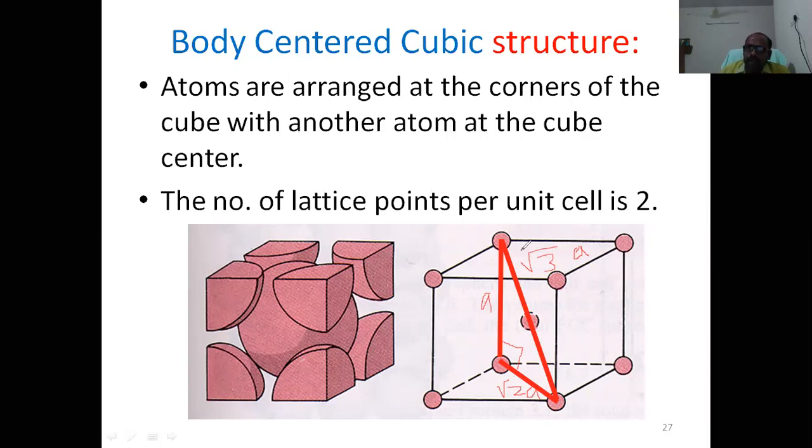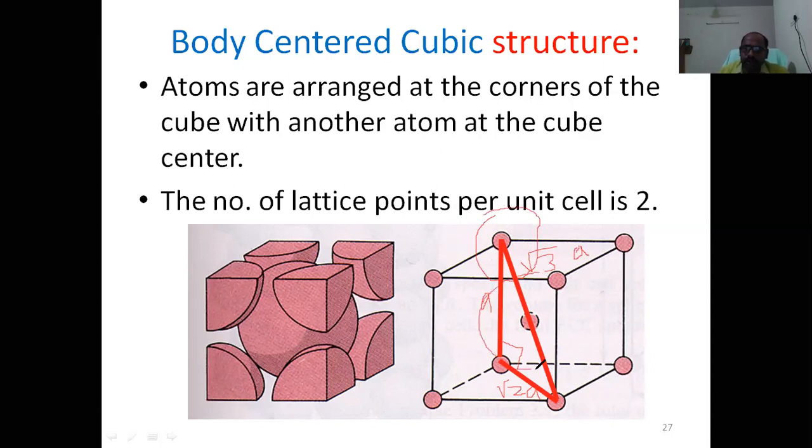That is in terms of the lattice constant. But in terms of atomic radius, we include one picture. One lattice point covers this area, one atom.